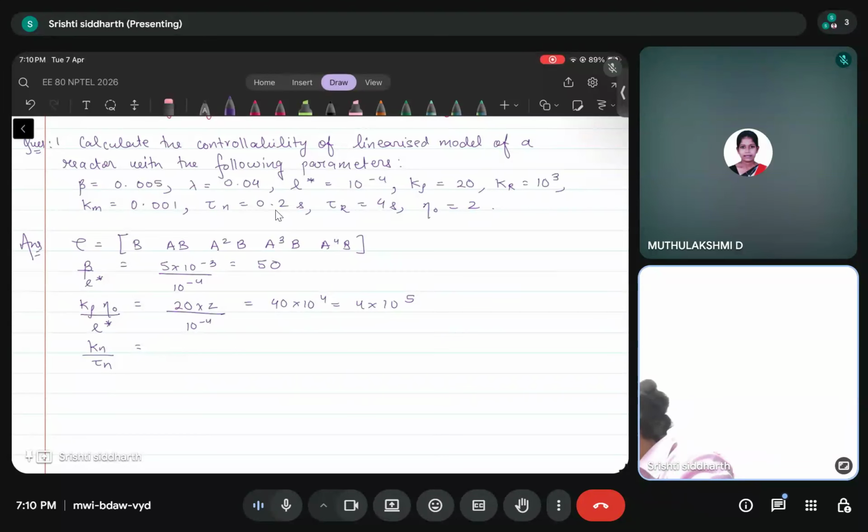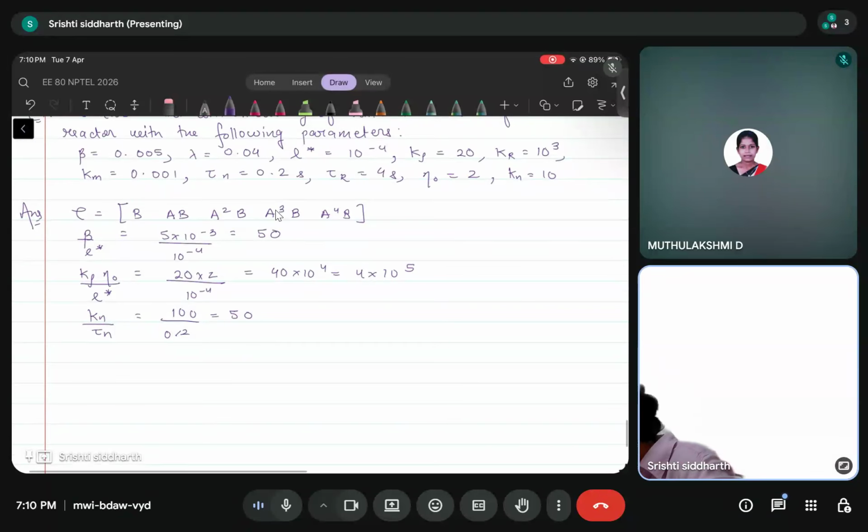Okay, so Kn is, sorry, I didn't write it down. So K rho, Kr, Km, and Kn is 10. Right, so this is 10 over 0.2. This is 50. We also need 1 over tau n. This is 1 over 0.2.